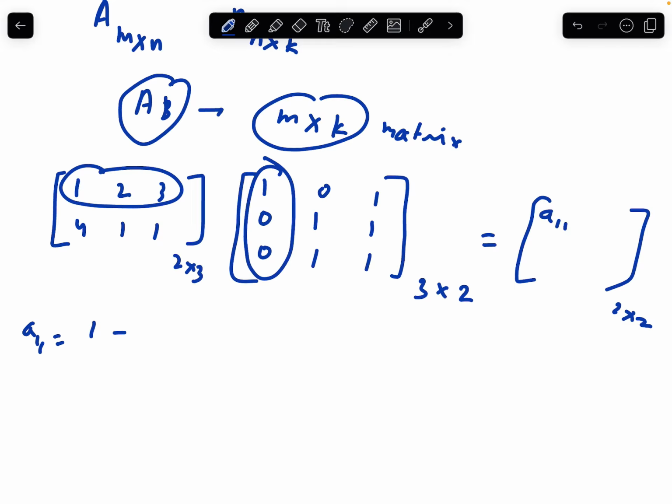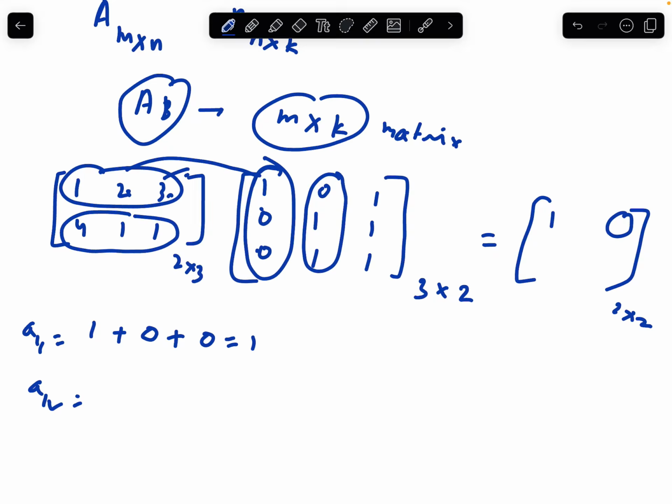What is A11? First row of the first matrix, first column of the second matrix, then multiply them pointwise. So 1 into 1 is 1, 2 into 0, 0, 3 into 0, 0, so this is 1. So A11 is equal to 1. So we'll write 1. Now how about this? This is A12, first row, second column. So we take the first row from here, second column from here, and multiply them pointwise.